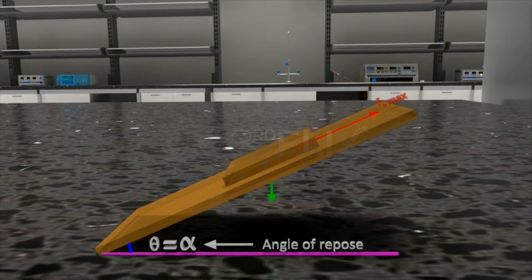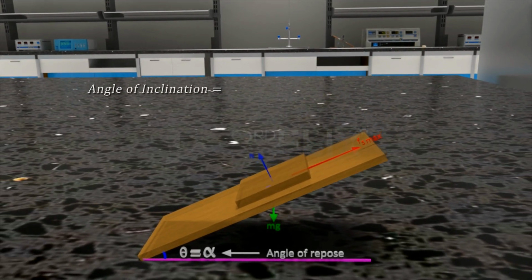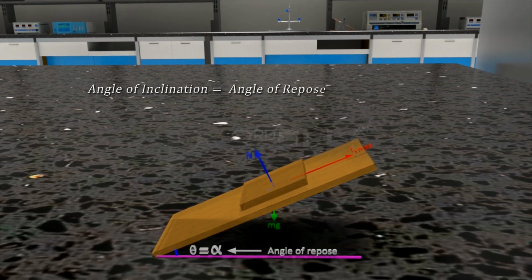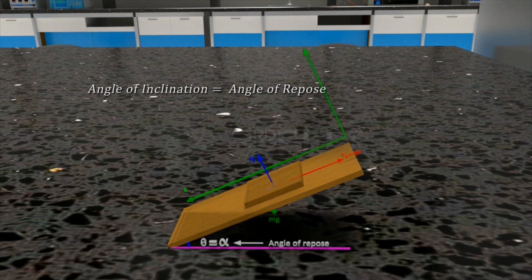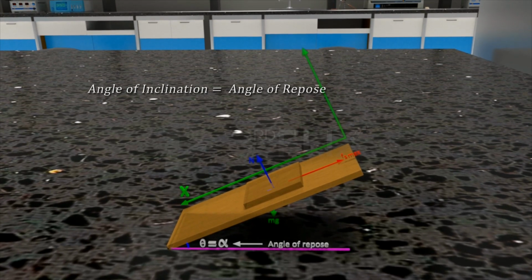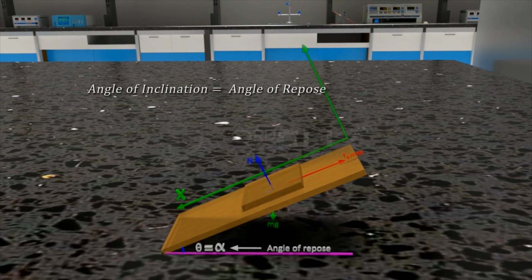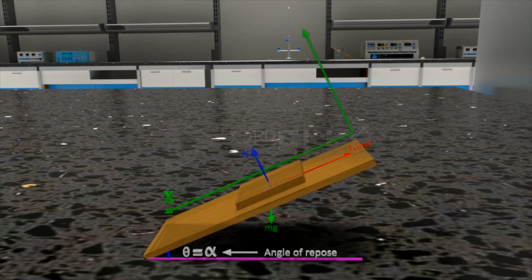Draw the free body diagram of the block when the angle of inclination is equal to the angle of repose. Take x and y axes along the direction of the inclined plane and perpendicular to it, respectively. The normal reaction N acts along the y-axis.